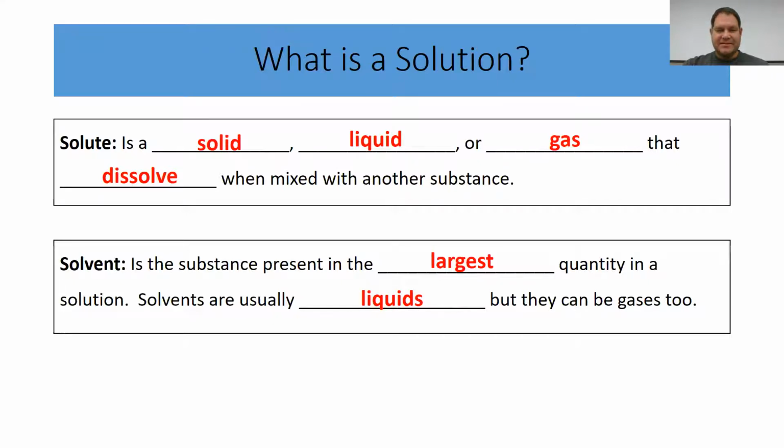And then the solvent part is usually the substance present in the largest quantity in a solution. Solvents are usually liquids. They don't have to be. Sometimes they are gases, but most of the time, especially in our class, solvents are going to be in the liquid state or liquid form, okay?